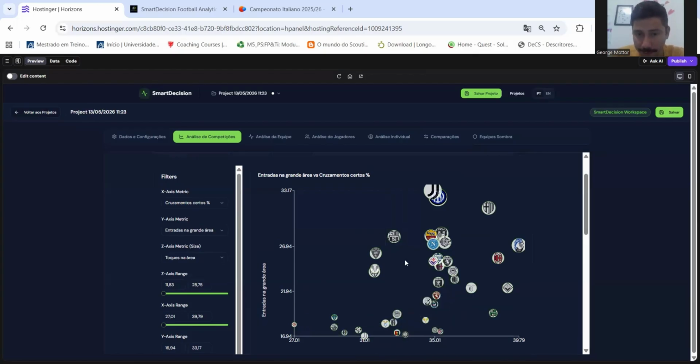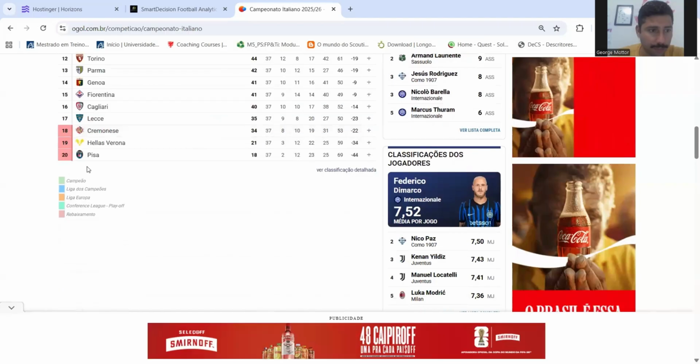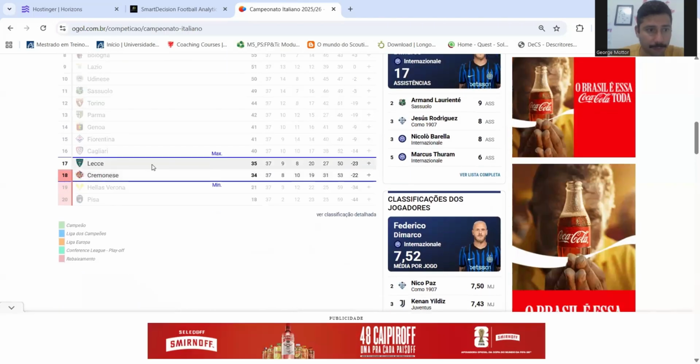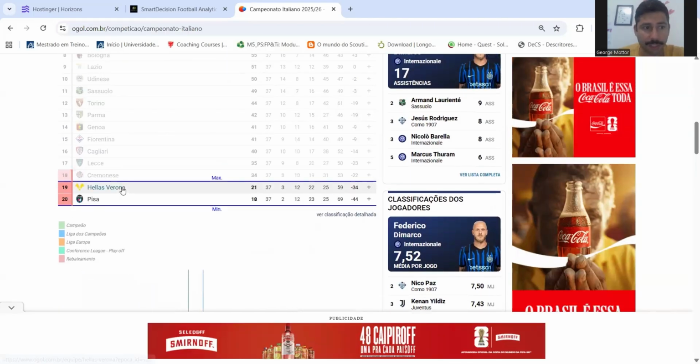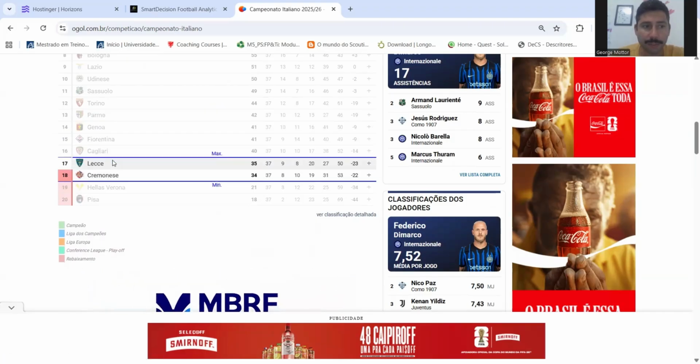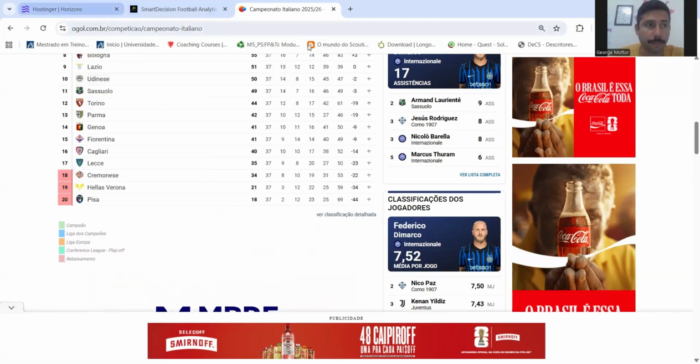Lazio is in a quadrant where they compete with teams that are relegated. The teams are fighting for relegation, right? Verona, Atalanta could be relegated. Lecce and Pisa were relegated. So there's another possibility here between Verona and Cremonese.